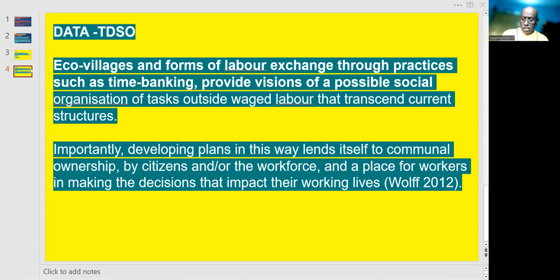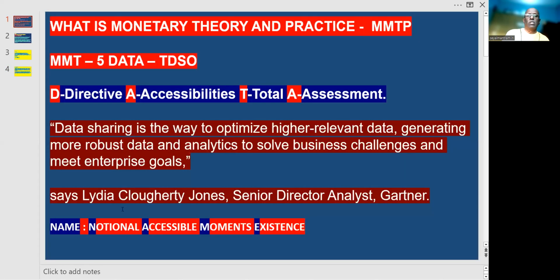This is only a name we assign to our day-to-day usage. That's what the notional accessible moment's existence is, in the form of paper to digital format at present. So that's a simple way of assessing our value through data, with directive accessibility in total assessment in real terms.